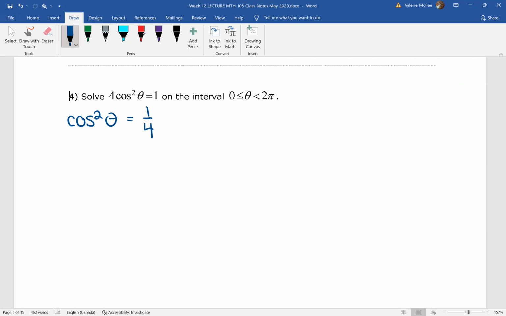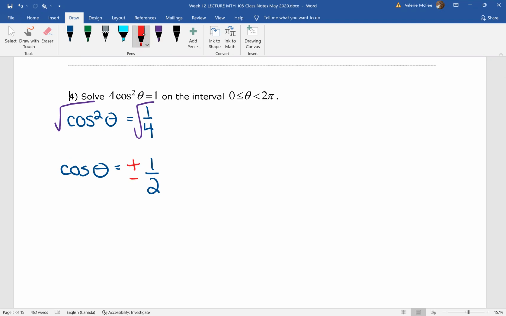And then, of course, we're going to take the square root of both sides so that we don't have cosine squared. Did you remember the plus or minus?